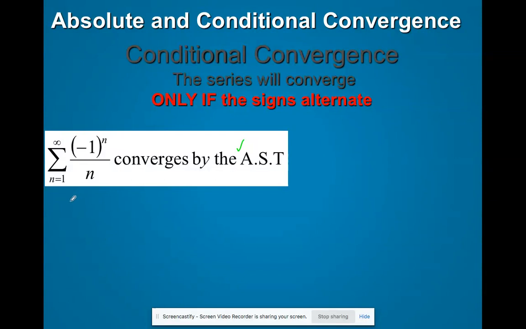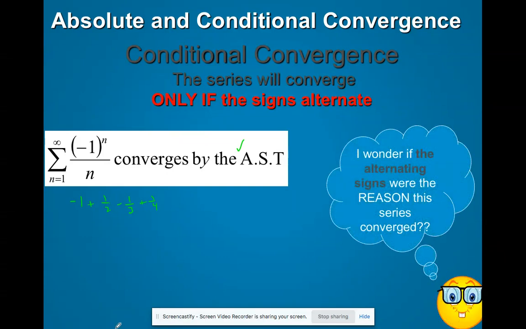So if I write out some terms, I get -1 plus 1/2 minus 1/3 plus 1/4. Every other term is negative. Therefore, as I'm summing, I sum a positive with a negative, then a smaller positive with a smaller negative, then a smaller positive. That sum converges.